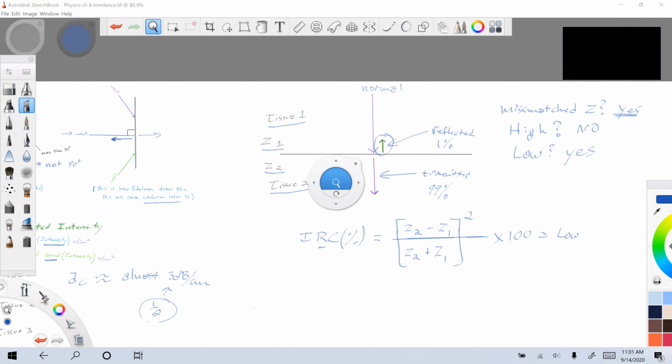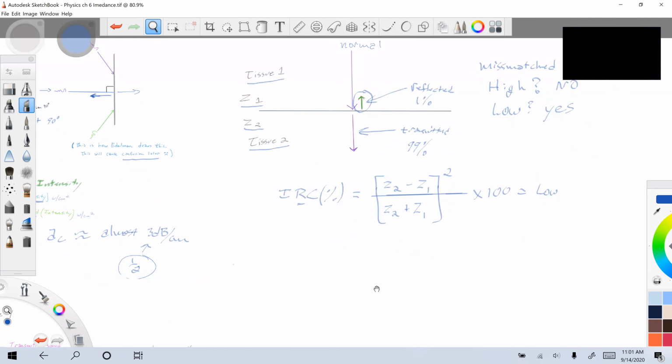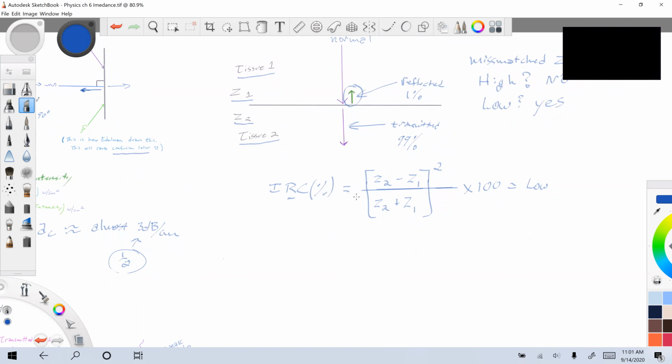The intensity transmission coefficient is, well, that's easy enough. The intensity transmission coefficient, once again in percentage, is simply the transmitted divided by the incident. Now you might be looking at this up here thinking, wait a minute, there should be another way. There is.